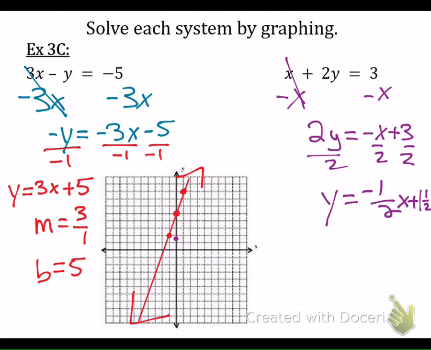From there, I'm going to go down a whole space and then right 2. Down a whole space and right 2. All right. Now, the slope is 1 down, 2 to the right.